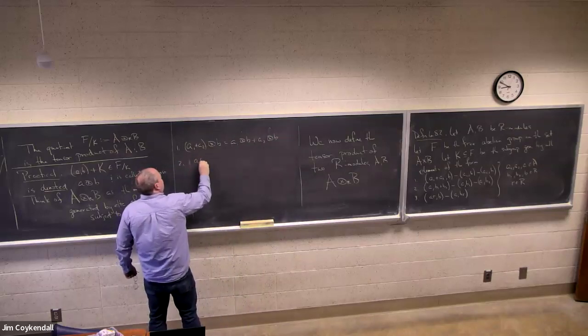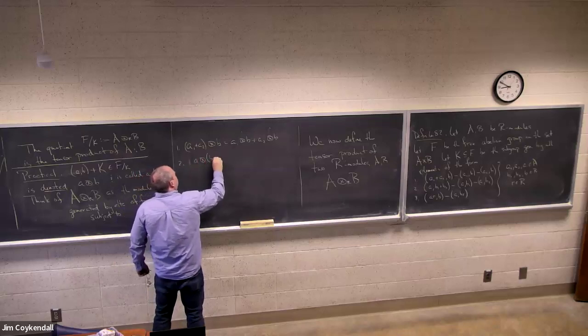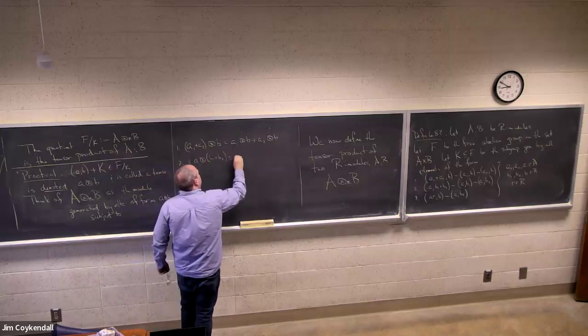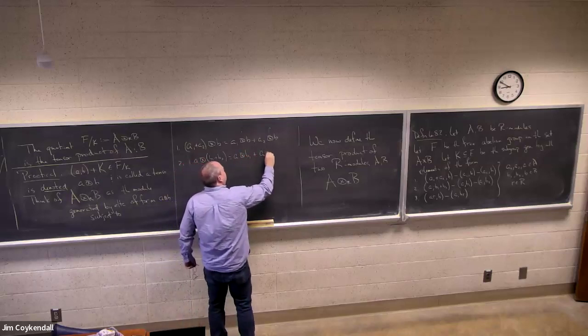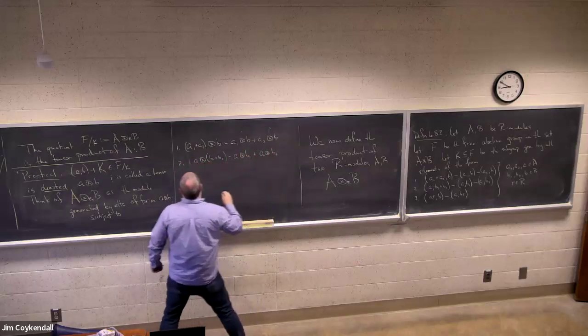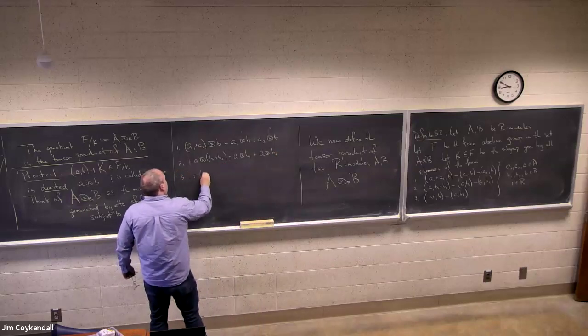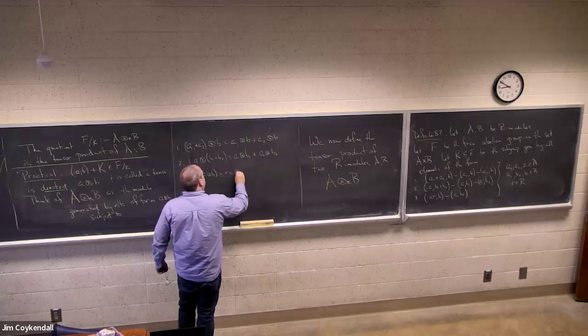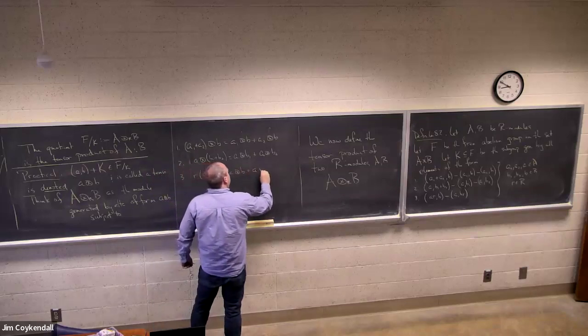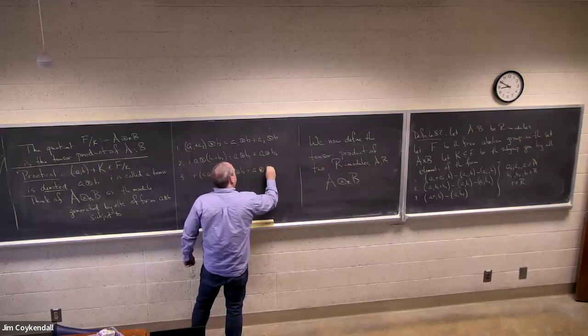(A1 plus A2) tensor B is A1 tensor B plus A2 tensor B, A tensor (B1 plus B2) is A tensor B1 plus A tensor B2, and R times (A tensor B) is RA tensor B, or alternatively A tensor RB.